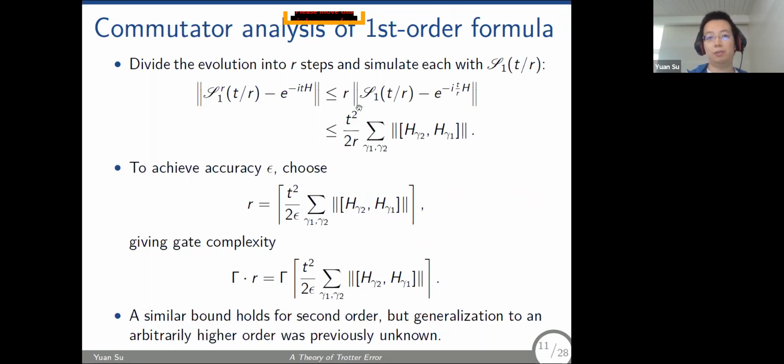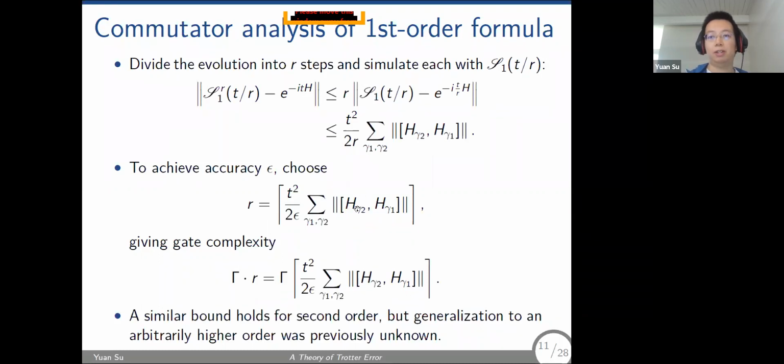So first we can use the triangle inequality. Let's say the error of R steps will be bounded by R times the error of one step. And then we invoke what we have for one step, and we have an expression like this. Okay, so now if we want to guarantee the simulation to be epsilon accurate, then we can just choose a large enough R, say R is equal to a quantity like this.